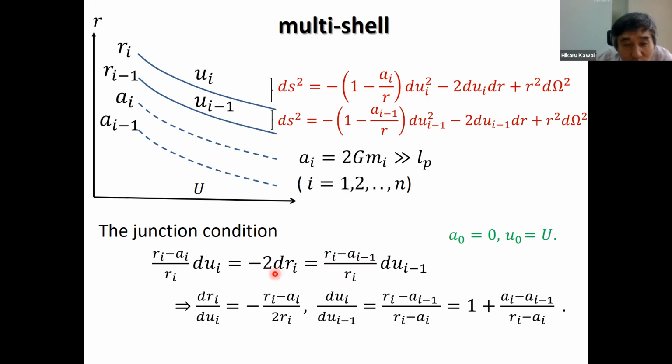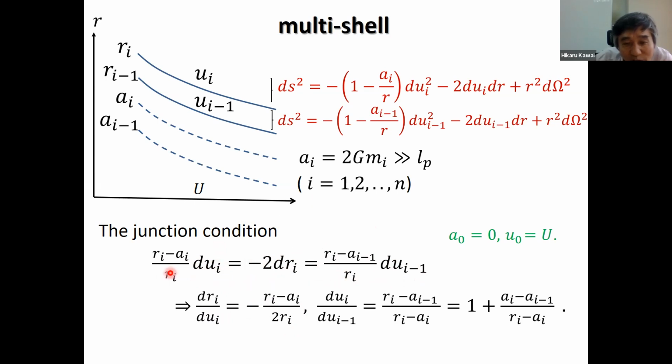So from the first equation, we get dRi over dUi is minus Ri minus Ai divided by 2Ri. And also by comparing this one, we see the ratio between dUi and dUi minus 1 is equal to the ratio between this one and this one.